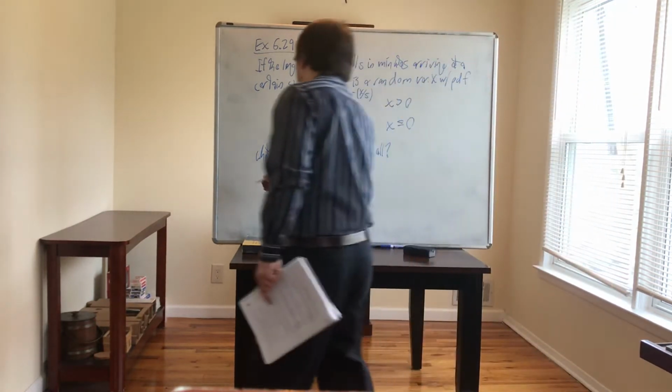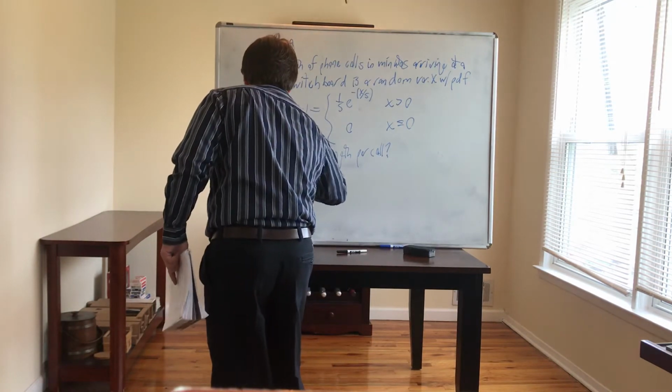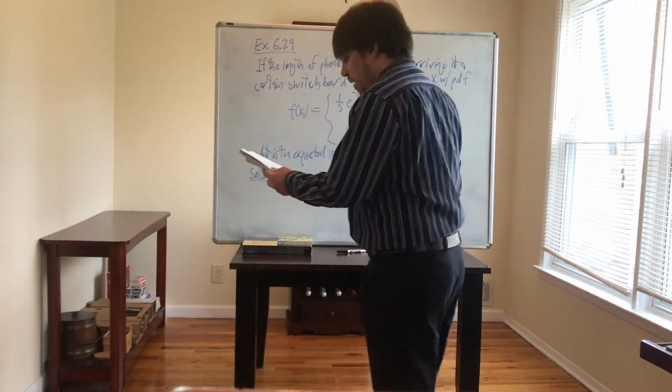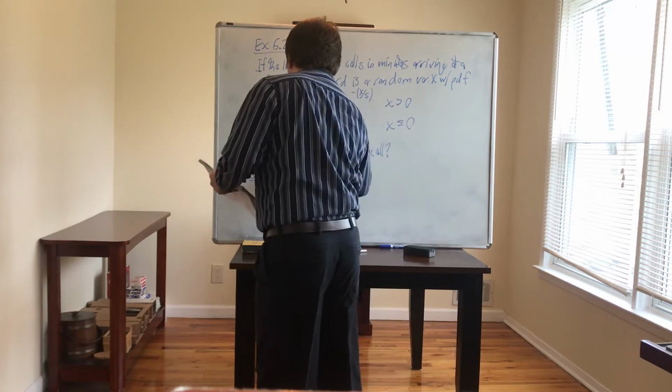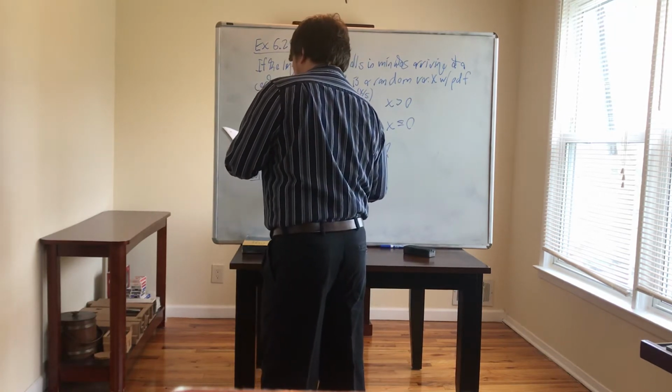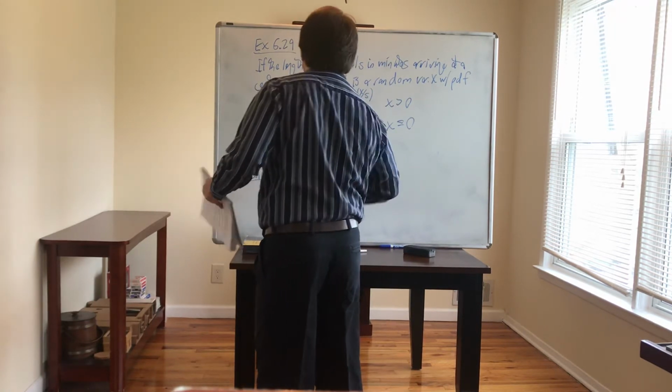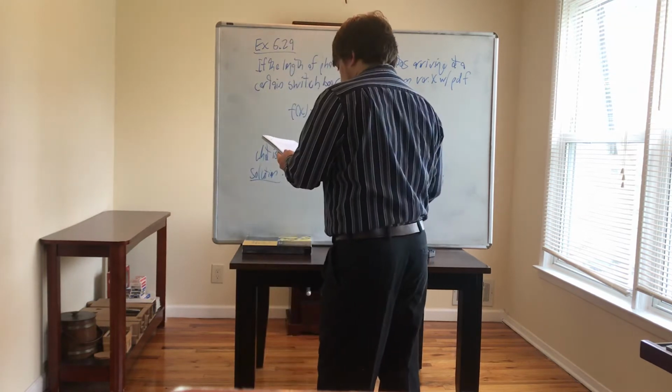Okay, so the solution to example 6.29 is we're going to let X be an exponential random variable.